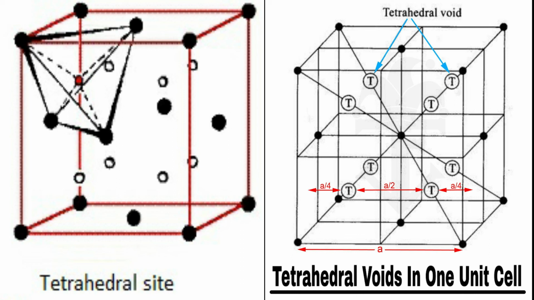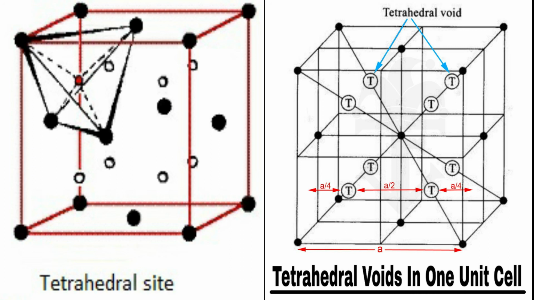So in conclusion, tetrahedral voids are located along the body diagonal, and the total number is 8. If you see that diagram clearly, 4 you will find in the upper space and 4 below.